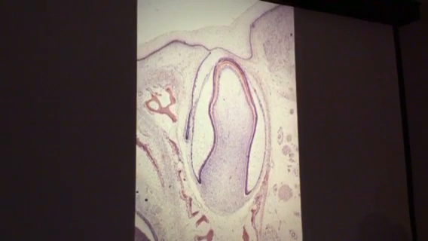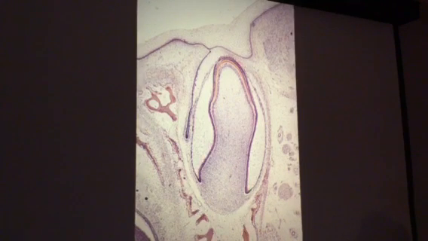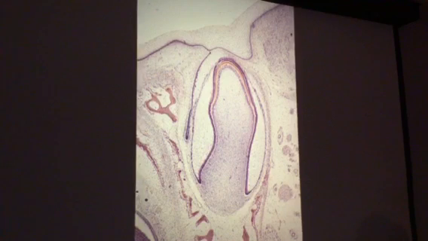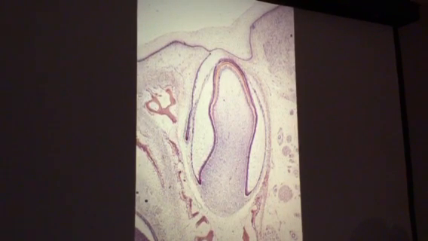And right here, we see a layer being formed, and that would be what? Reduced enamel epithelium, because we can see that outer enamel epithelium coming down and laying right on top of the ameloblasts. And what is this right here? A tooth bud. And how about that?